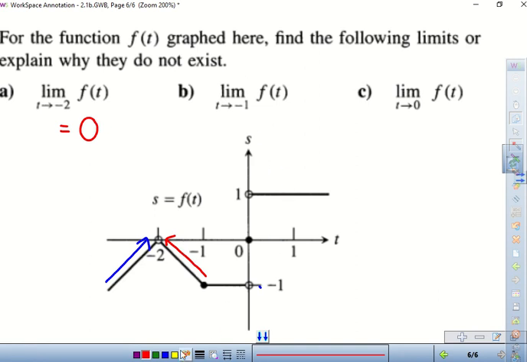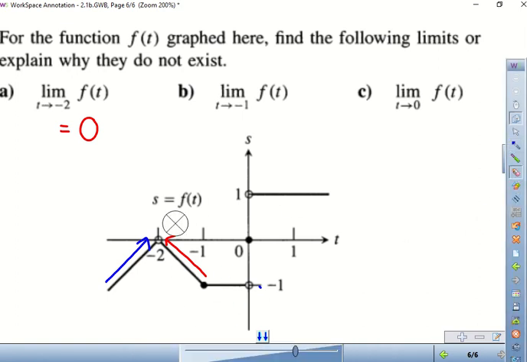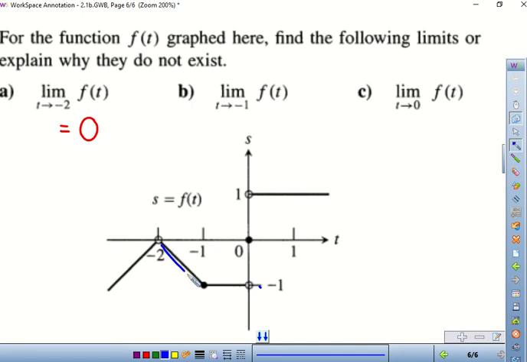No. The next one is -1. So if we look at -1, as we approach from the left and from the right, does it meet at the same point? And what point is that? -1. And then the last one we're looking at is 0.